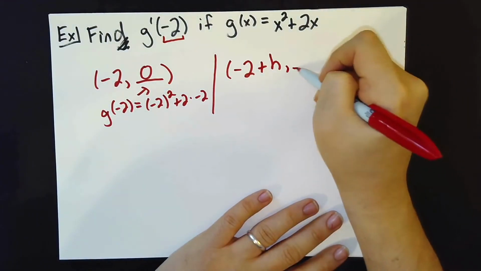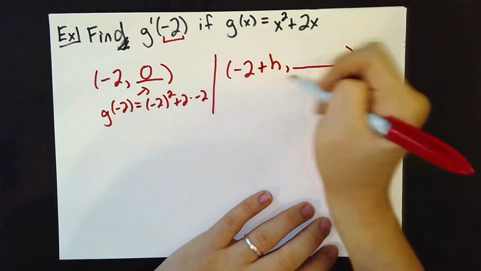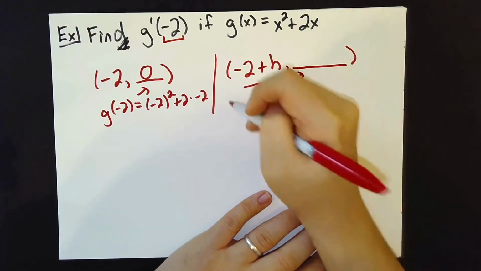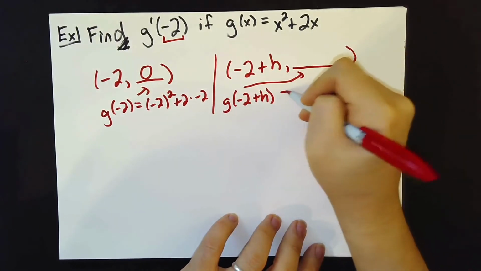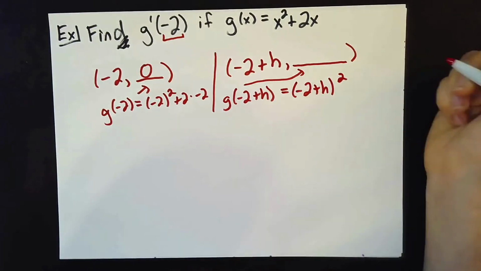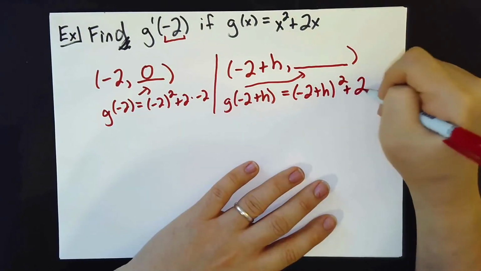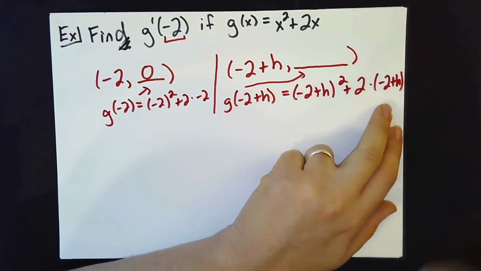And then I need to figure out what goes here in this blank, which is going to be g of minus 2 plus h, which is minus 2 plus h squared, plus 2 times minus 2 plus h.